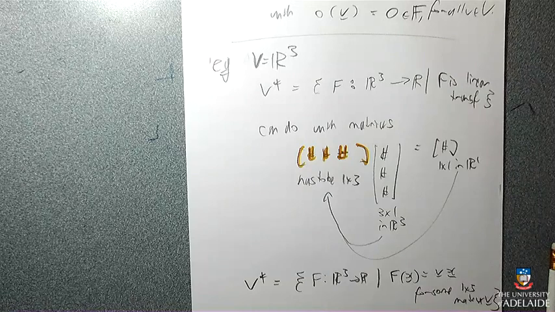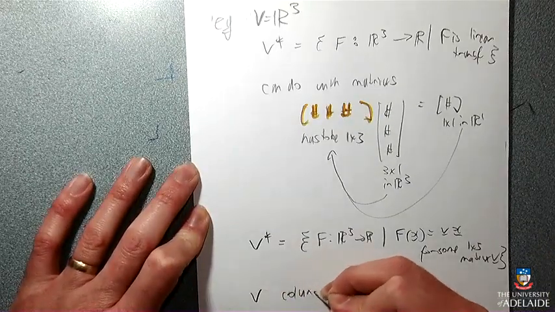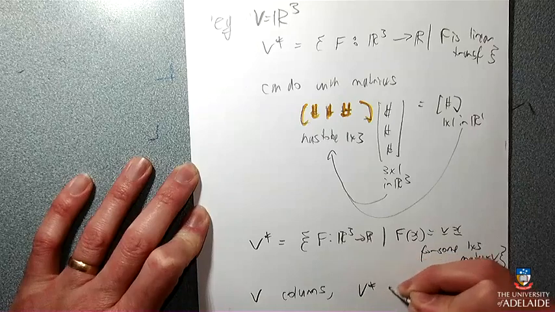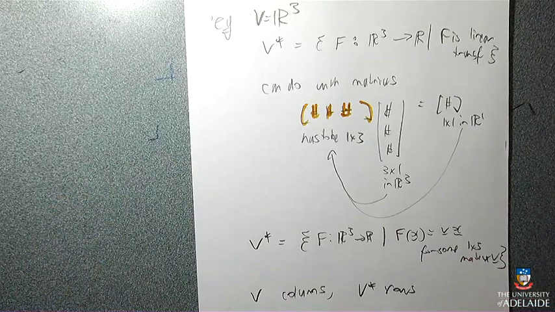So this is how we turn columns into rows, by going over to V star, and that's why the transpose is a thing. Okay, good, just making sure. So V is columns, and V star is rows. Right, and that's why transpose would be a thing.